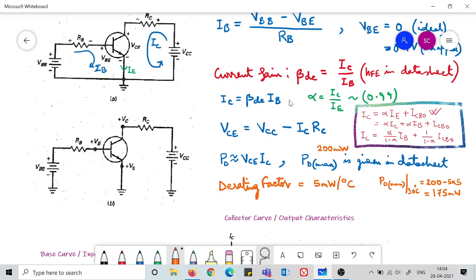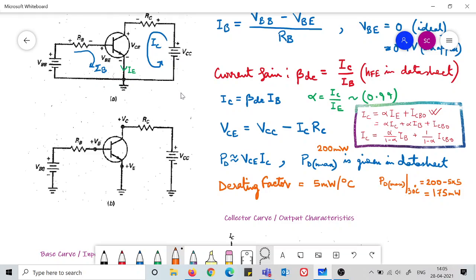Okay, let's go. So you see what we are utilizing: similar to the diode, we are utilizing the characteristics of the transistor. Some specific properties of the transistor are there that we are utilizing along with KVL and KCL, which are universal truths.